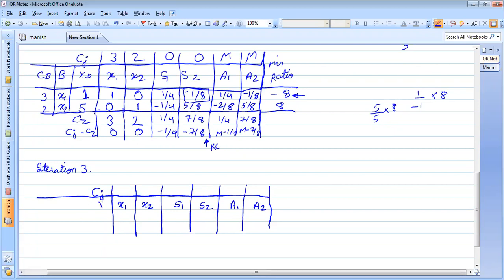So we have with the xb, this is b, this is cb. We have s2, x2. S2 is 0, x2 is 2. xb will be equal to minus 8.